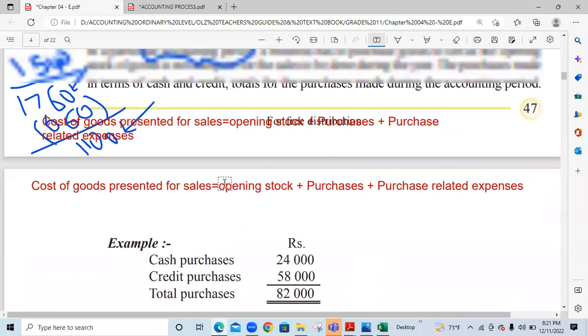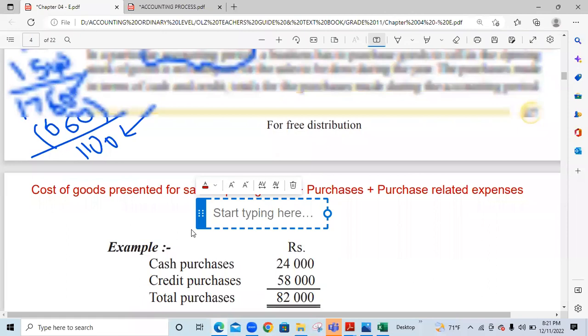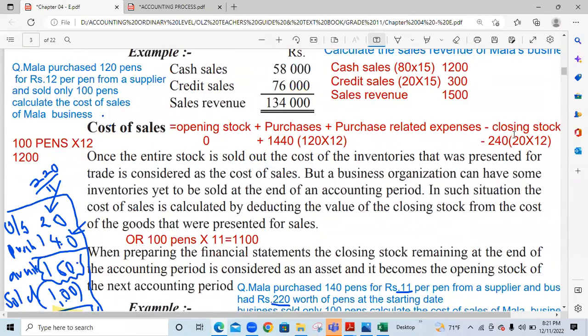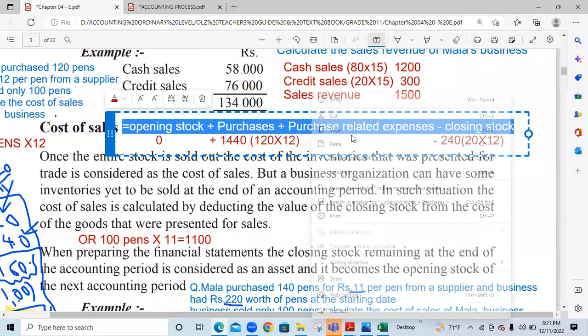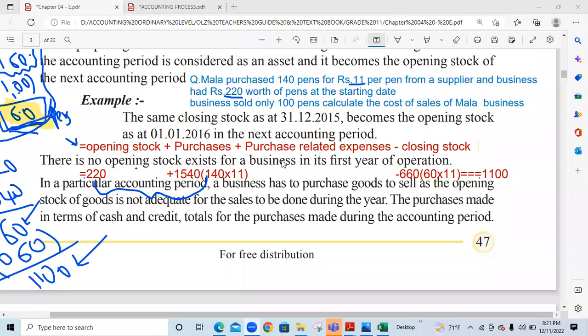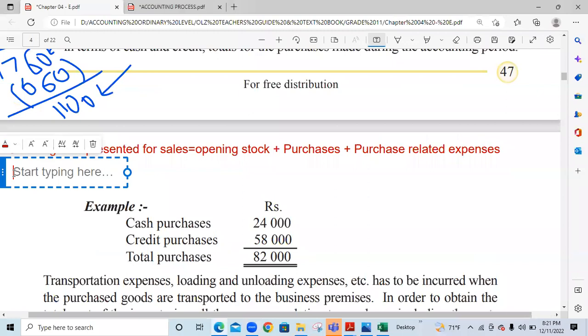Here you go. Guys, after you deduct your closing stock, what do you get? Before you deduct your closing stock, you get cost of goods presented for sale.